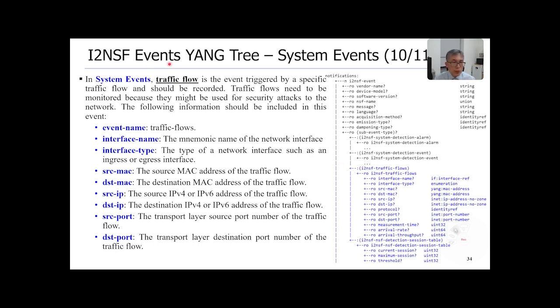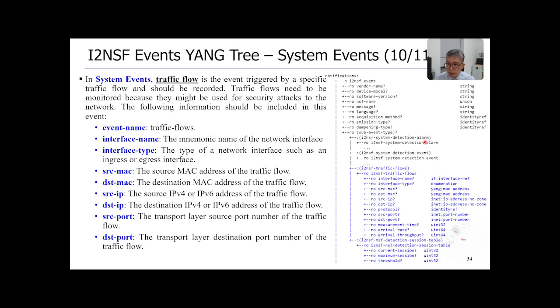So traffic flow is an event triggered by a specific traffic flow and should be recorded. So the fields are event name, interface type, source MAC address, destination MAC address, source and destination IP addresses, source and destination port numbers.